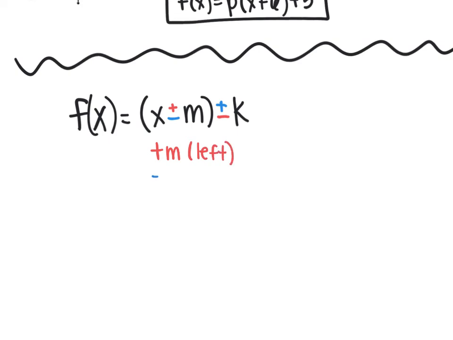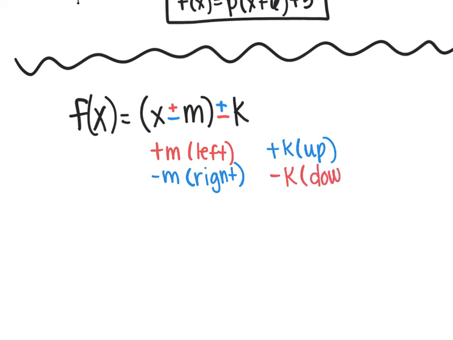If it's a minus m, we are really moving right. If it's a plus k, we are moving up. And if it's a minus k, we are moving down.